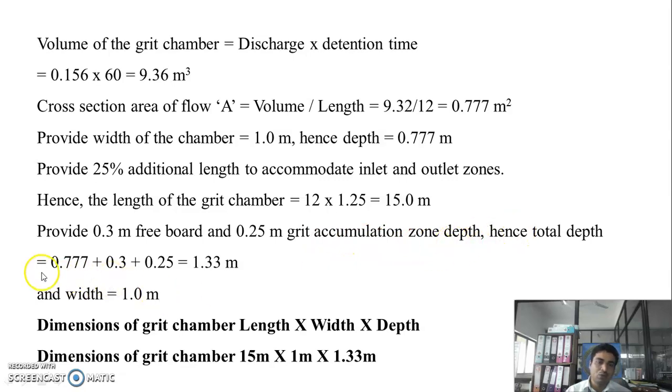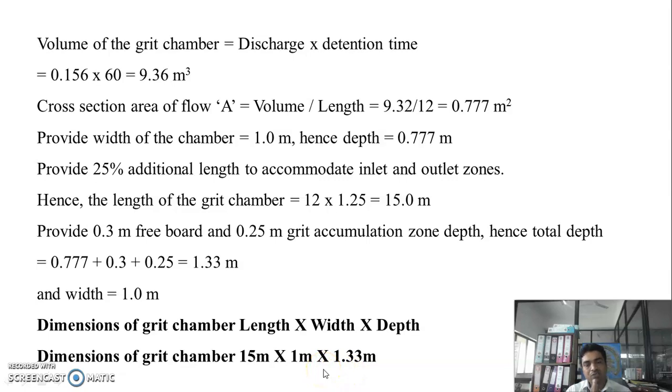Hence our total depth is 0.77 plus 0.3 for freeboard plus 0.25 for grit accumulation, which is 1.33 meter, and the width is 1 meter. So the dimensions of the grit chamber, length into width into depth, are 15 meter by 1 meter by 1.33 meter.